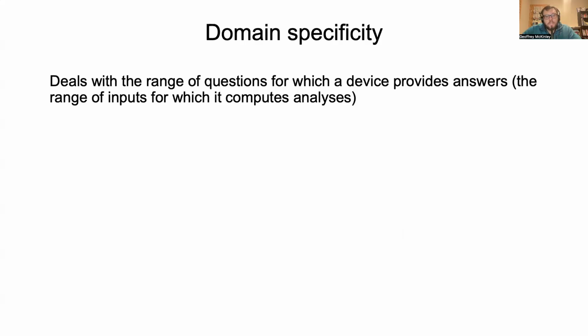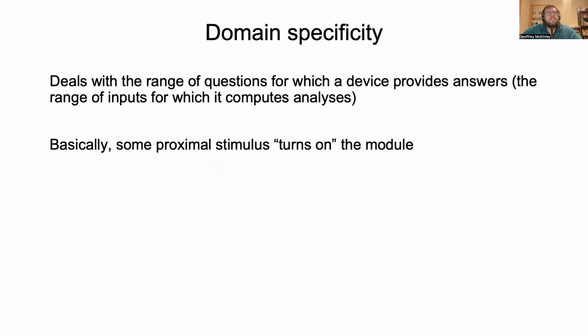So if you had, for example, a light detector that only responded to light, then whatever the range of wavelengths that the detector can detect or can use, that would be the domain, or the range of inputs that could be used, right?